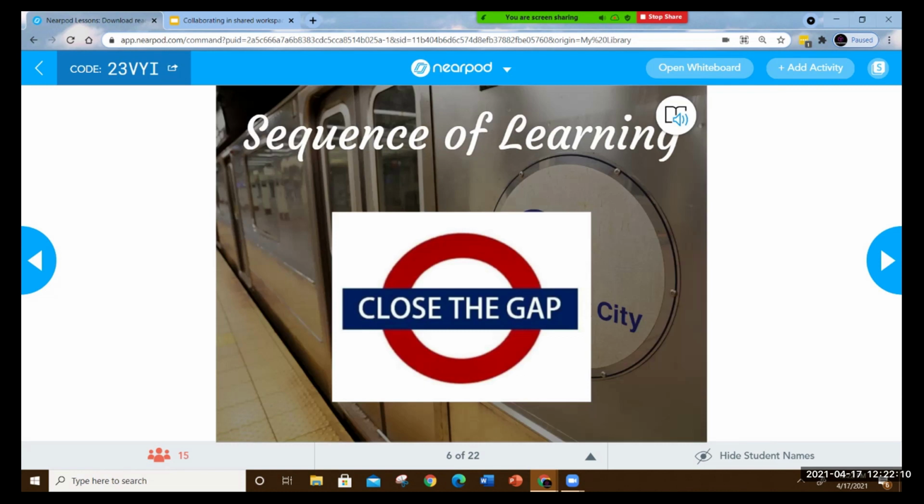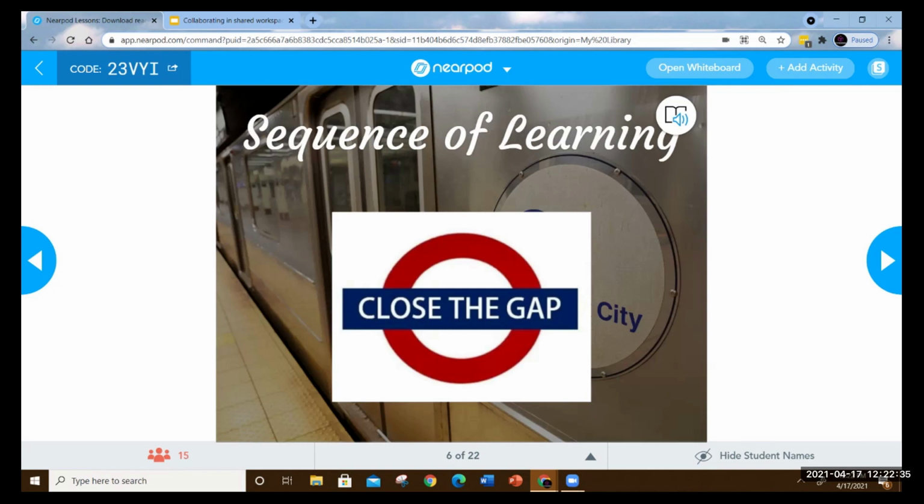So we're going to be focusing on the sequence of learning. When we write a learning target, what are the steps we're going to take to get our students to their goal? Think of it as a trip that we're going to take. And by focusing on our sequence of learning, we can start closing some of those learning gaps.